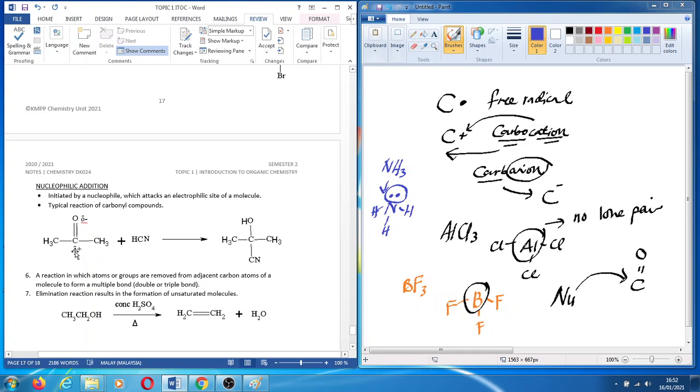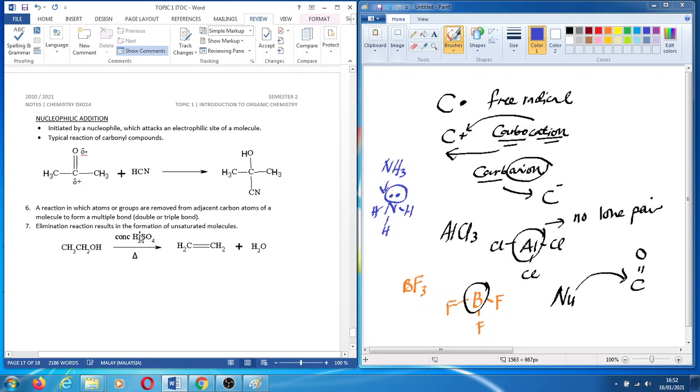Attack C double bond O. What happens when it attacks here? The double bond here will be broken, and CN will be added to the carbon here. You get CN, and H will be added to the O. From here you get OH. This is nucleophilic addition.